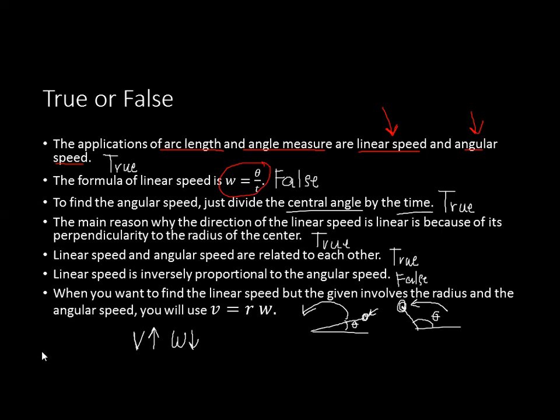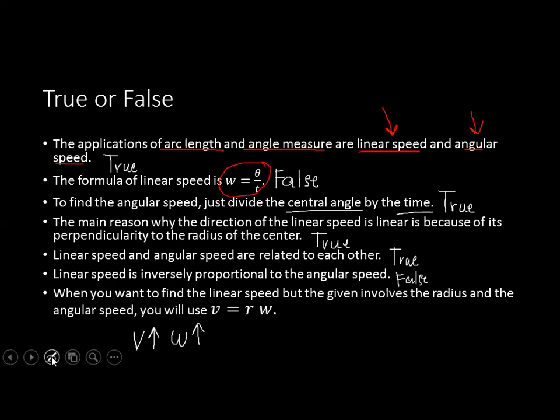So it's wrong. Rather, it is directly proportional, not inversely, meaning if the linear speed increases, the angular speed increases. If the angular speed increases, the linear speed increases, and vice versa.